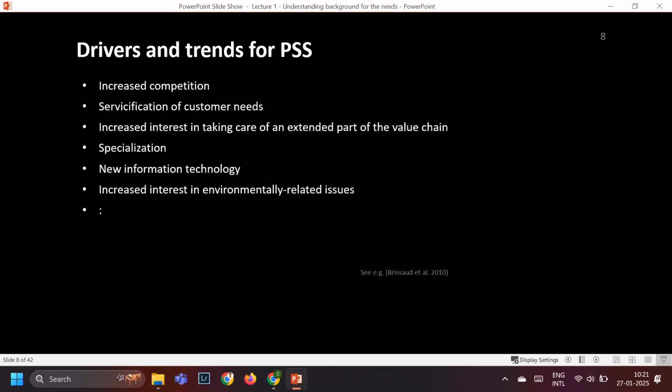The second slide is a little bit of sort of addition to the previous one. So there are other trends and drivers relevant for PSS. These are more obvious ones, such as increased competition, customers' needs are also servitized, increased interest for the company to take over a larger part of the value chain.